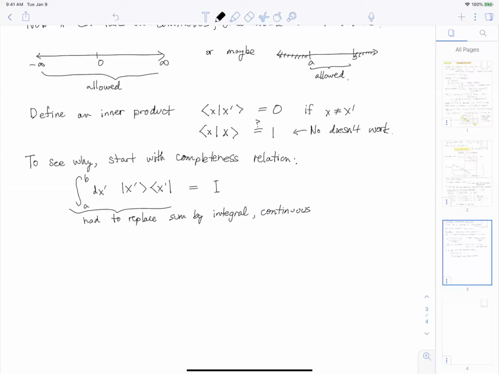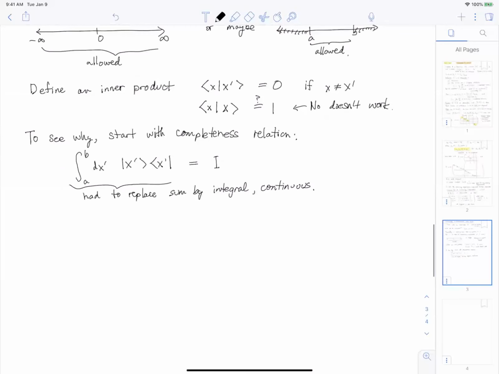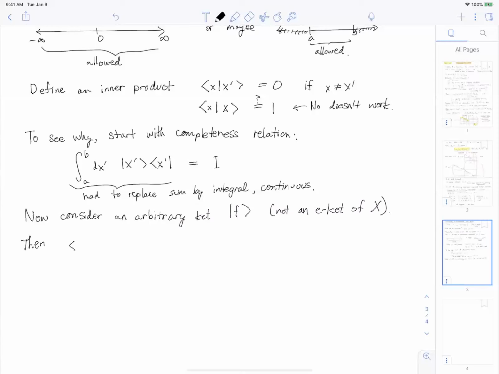Now these are just the eigenkets of x. Let's consider some arbitrary ket that's not necessarily an eigenket of x. Let's call it f. Now let's consider the inner product of x with f.